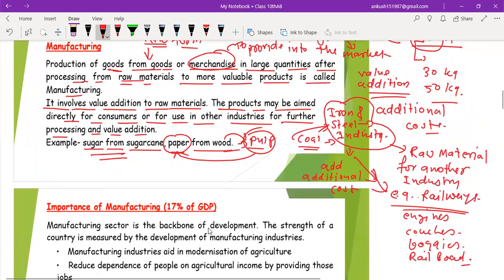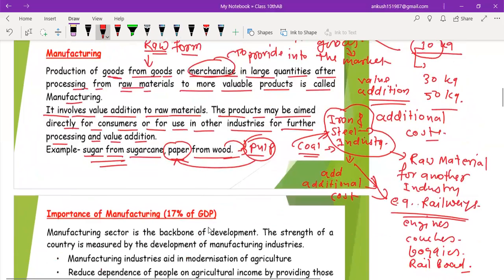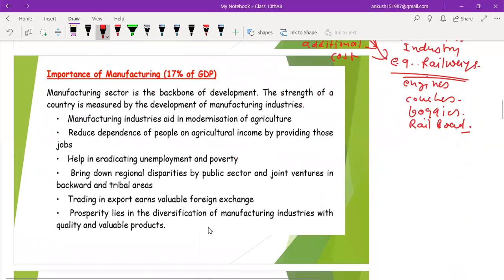Understood? Have you got it with the manufacturing? Is there any doubt till now? No, sir. Okay. Now let us understand the importance of manufacturing. Manufacturing in the sense we actually produce other products, and as I just explained, those finished products can be the raw material for another industry.